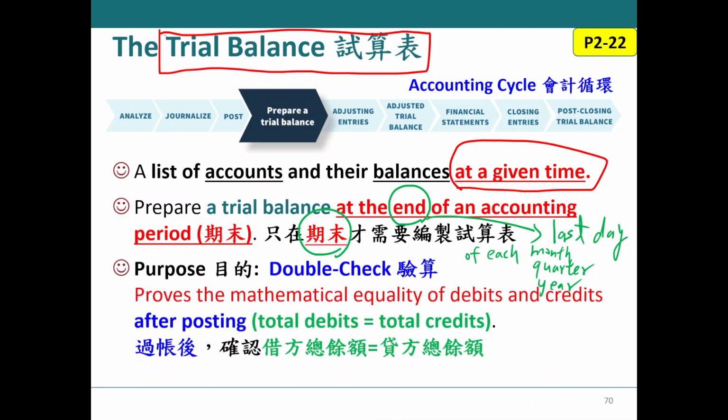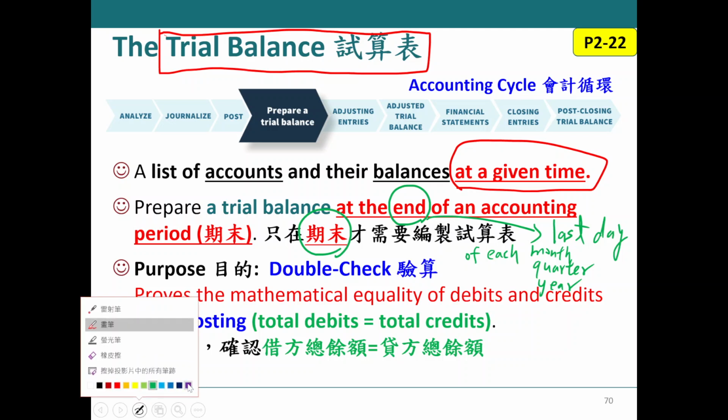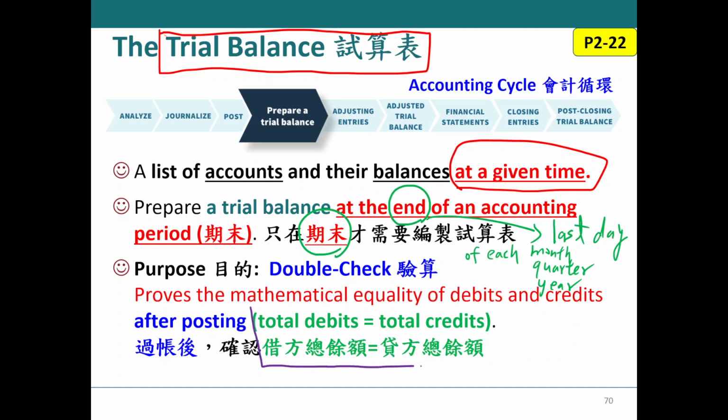Then how to double check it? Remember, total debit equals total credit. Total debit equals total credit. Remember when we mentioned this one? Total debit equals total credit.